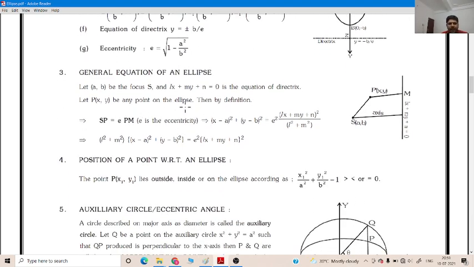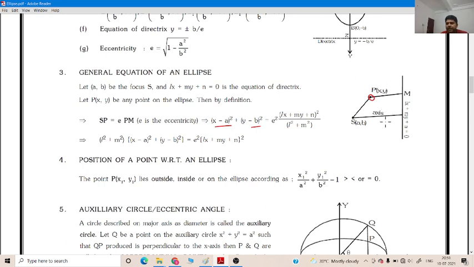According to the definition of the ellipse, which I have already discussed, SP by PM equal to e. The e is the eccentricity, always lies between 0 and 1. Then SP, where P is any point of the ellipse, that is the locus point. According to the distance formula, x minus a whole square plus y minus b whole square is equal to, squaring both sides, e square, and PM is the perpendicular distance from this point to this line.